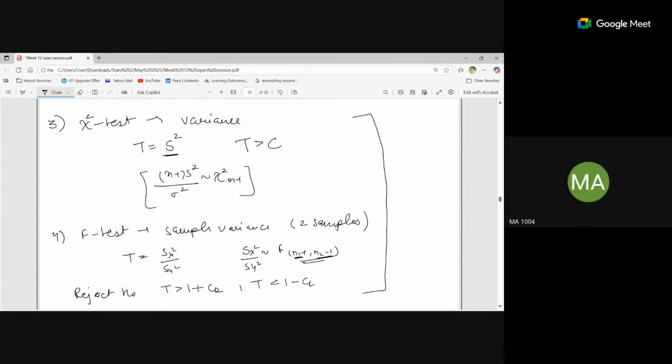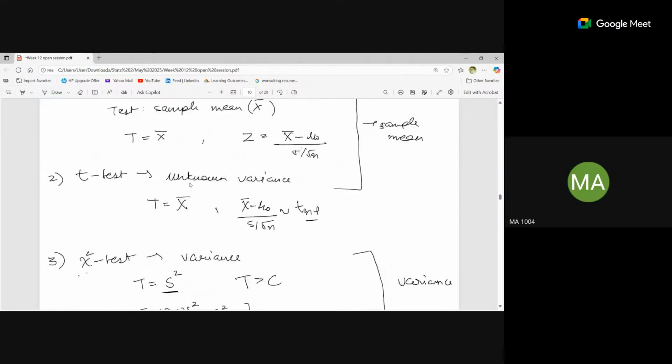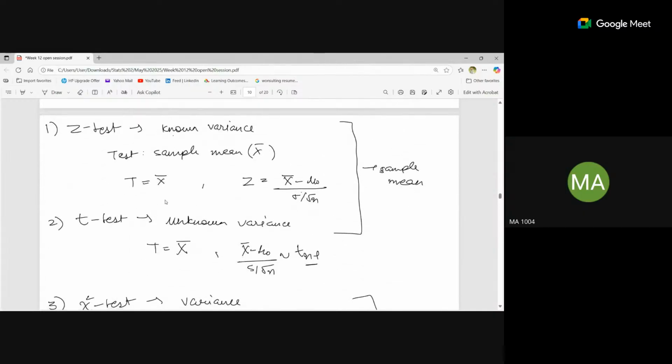So the chi-square test and F test we use for the variance. If we have one sample, we use the chi-square. If we have two samples, we use the F test. And for the sample mean, we use the Z test and T test. If we have known variance, we use the Z test. If we have unknown variance, we use the T test.